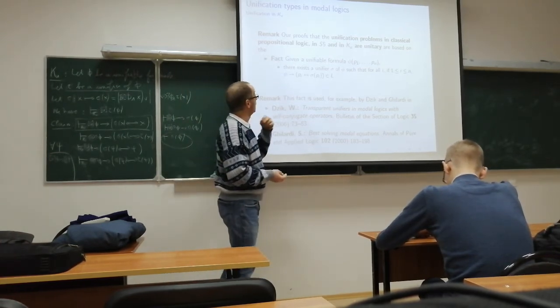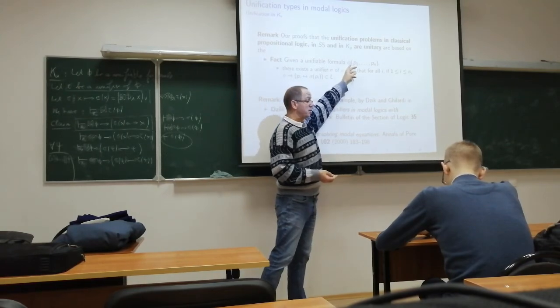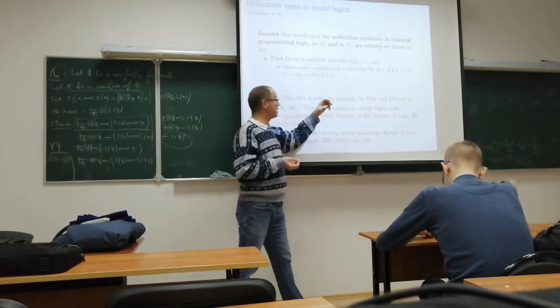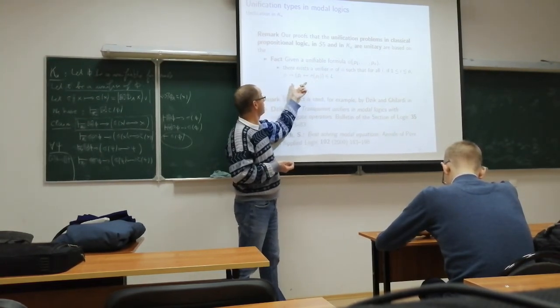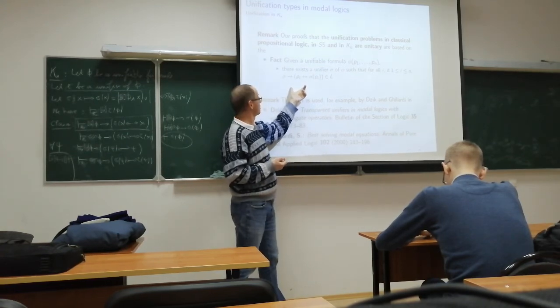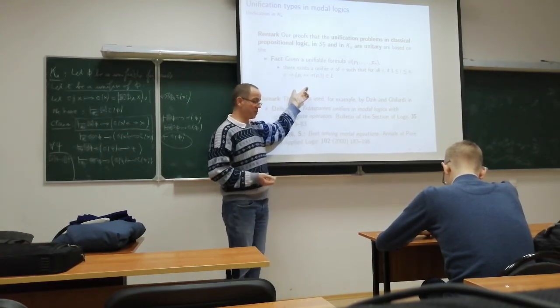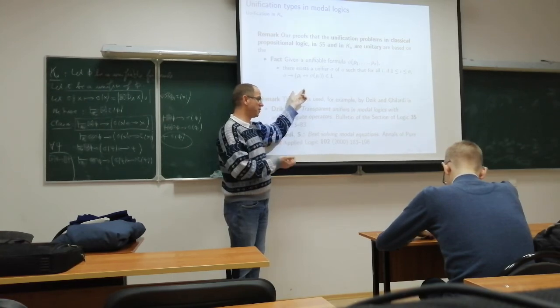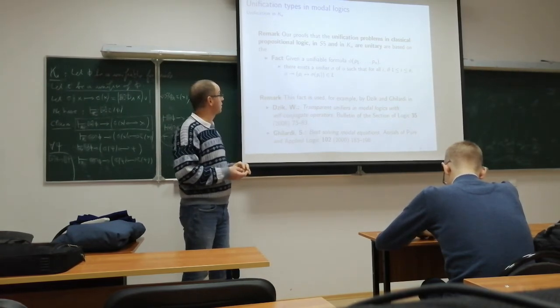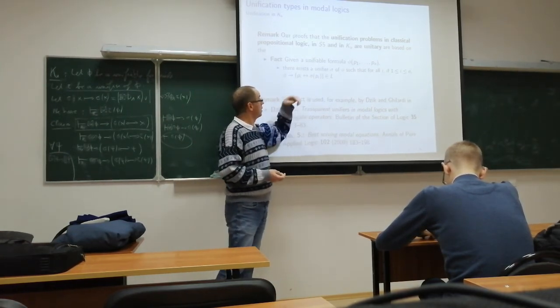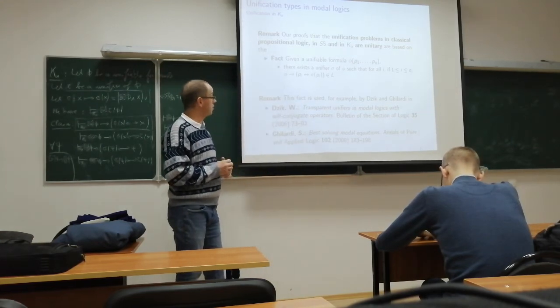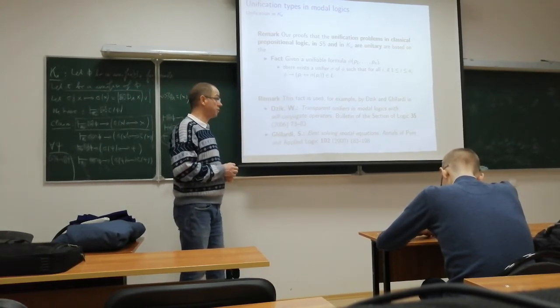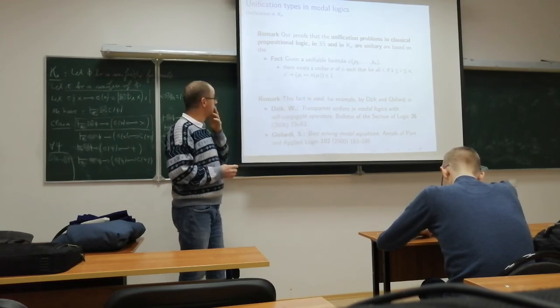That is to say, if a formula phi is unifiable, then it possesses a unifier which satisfies the projective condition. And to satisfy the projective condition for a unifier, it can be proved that this unifier, sigma, is the most general unifier, and then it implies unitary of the unification problem.